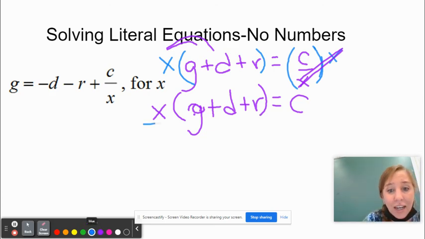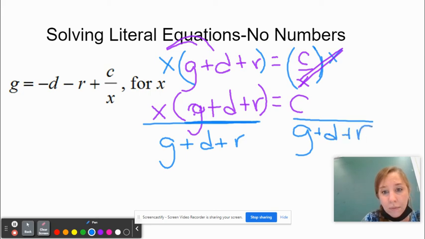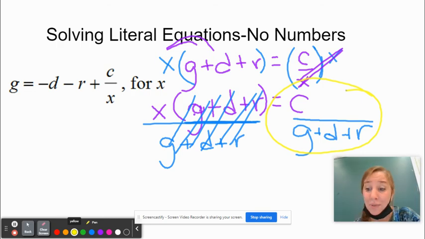We're going to divide both sides by this whole thing, this whole grouped thing. Because then it cancels everything out. And we are left with x equals c over g plus d plus r.